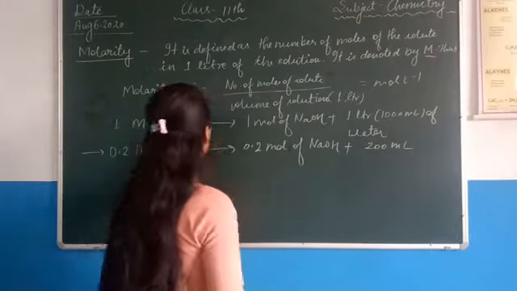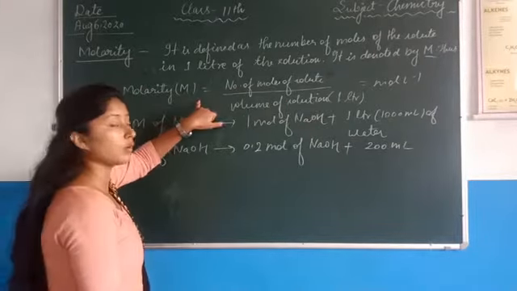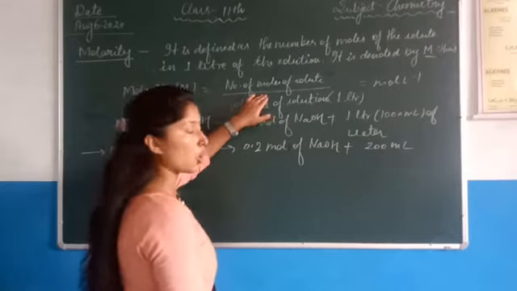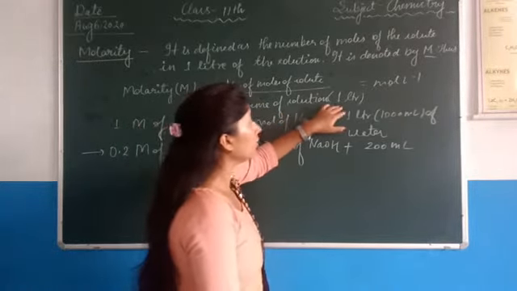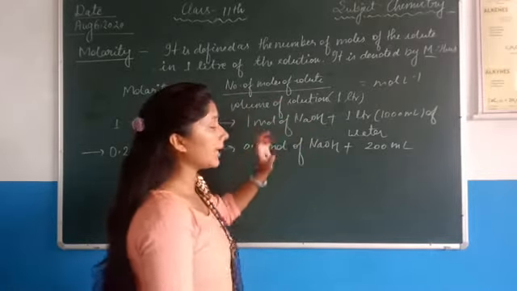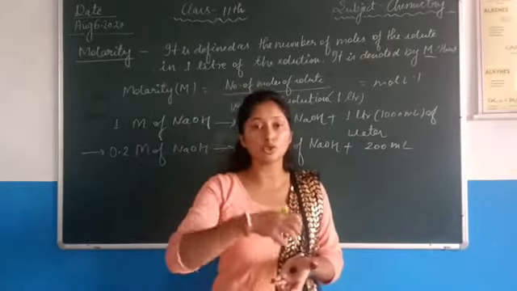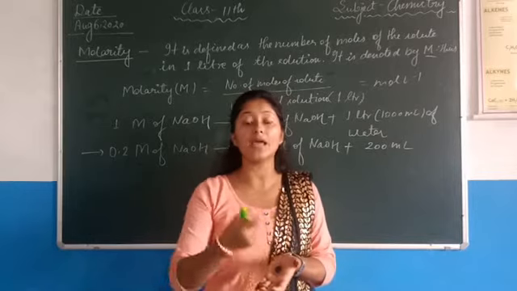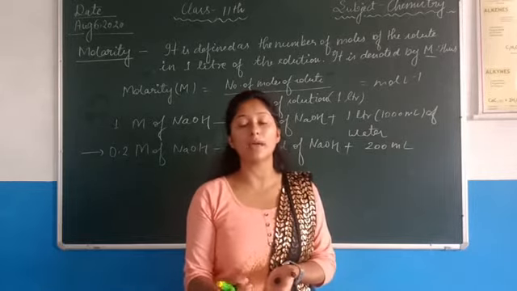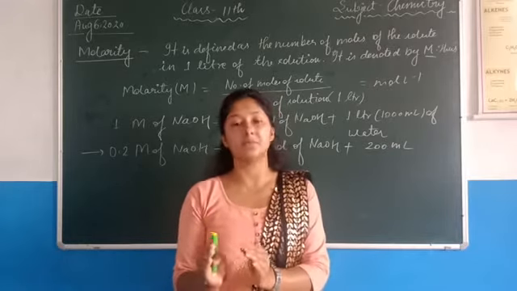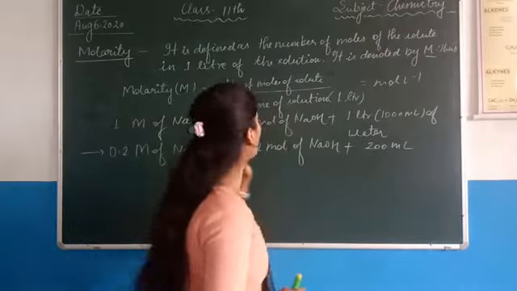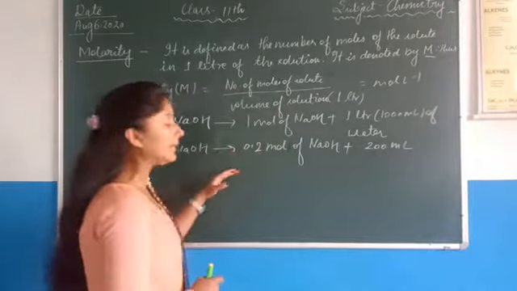Okay, so here molarity M is equal to number of moles of solute divided by volume of solution in 1 liter, or we can simply say number of moles of solute जितने भी present होंगे 1 liter of solution में, तो वो आपका 1 molarity का solution prepare हो जाएगा. And the unit for molarity is mole per liter.